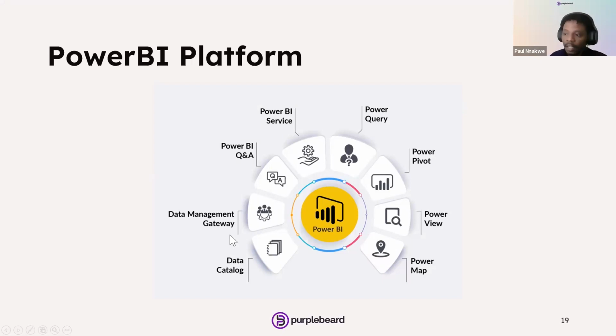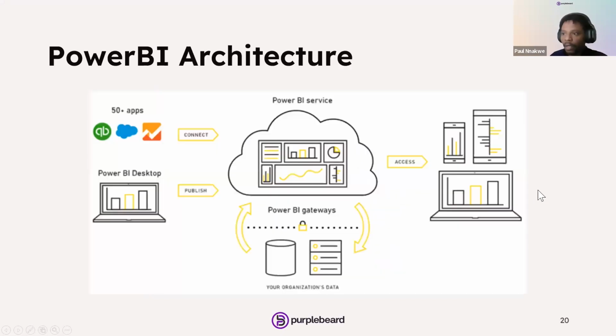Now we have the data in Power BI. We have the data catalog, management gateway, Power BI service, Power BI, Power Query. All these are part of the Power BI platform. In the Power BI architecture here, you can see 50 plus apps. As at the last time I checked, there are over 250 connectors.